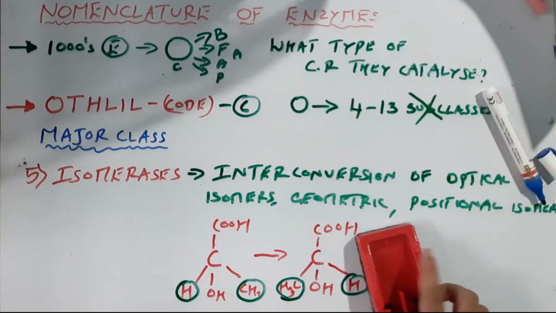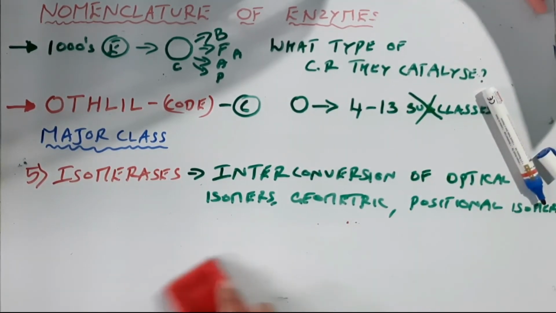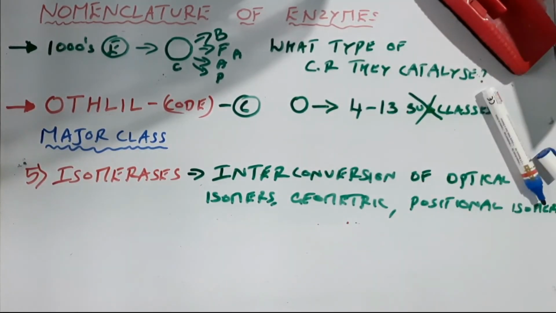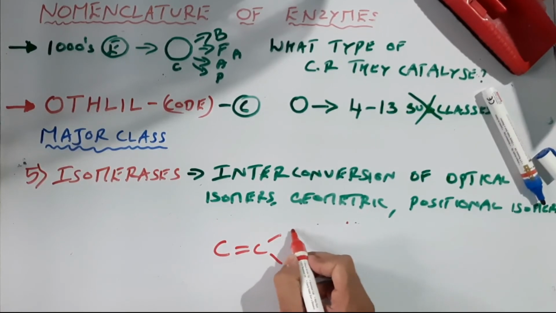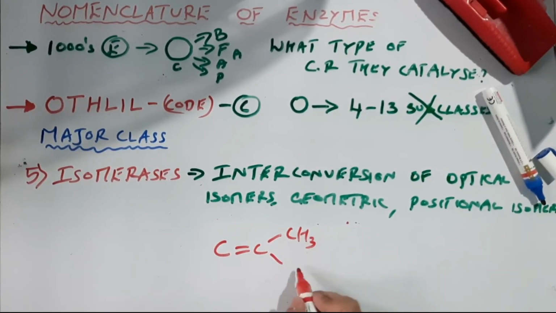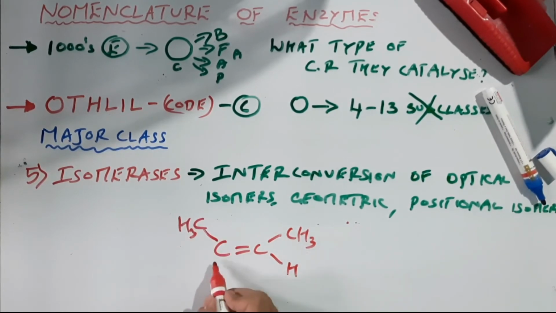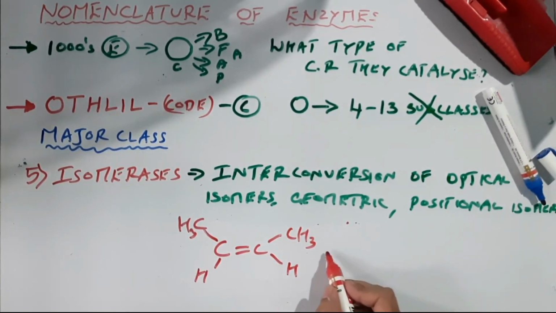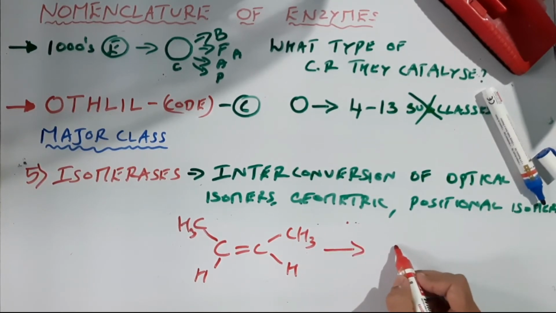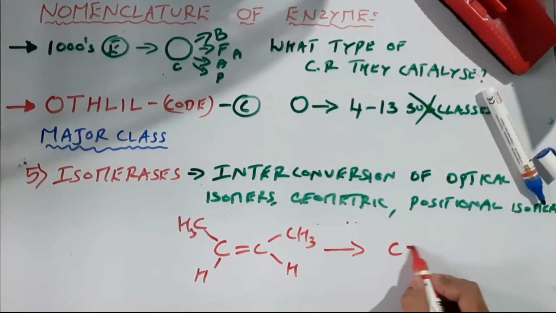Let me erase it and go to the geometric isomers. One more example if it is required for you. So that is, we have C double bond C, and here we have CH3, and here we have H, and here we have the same CH3, and we have H here. So here you are going to see the change of the groups.